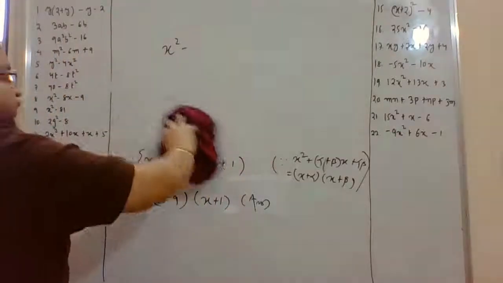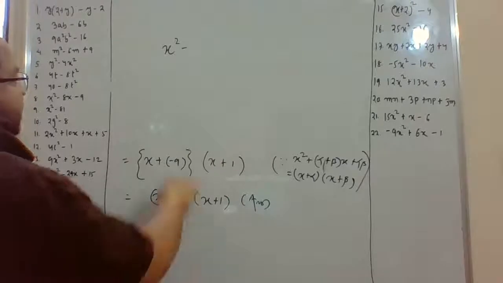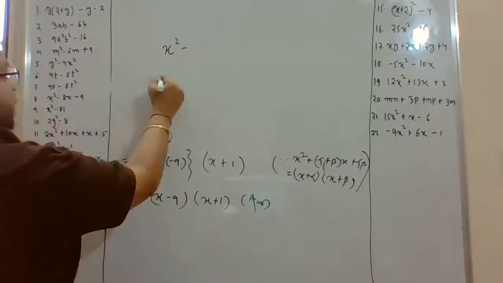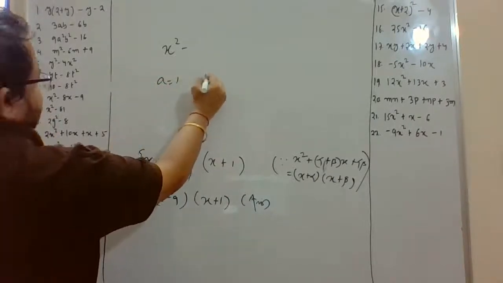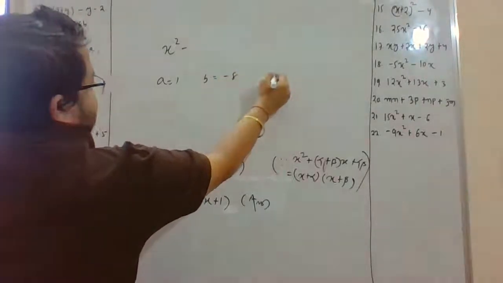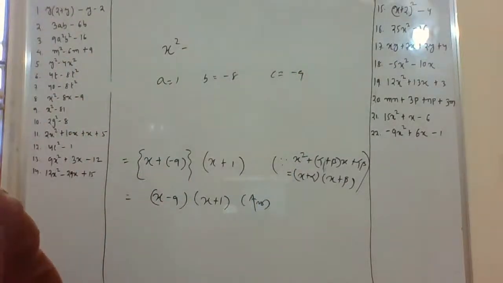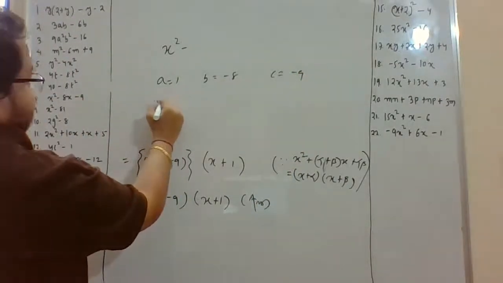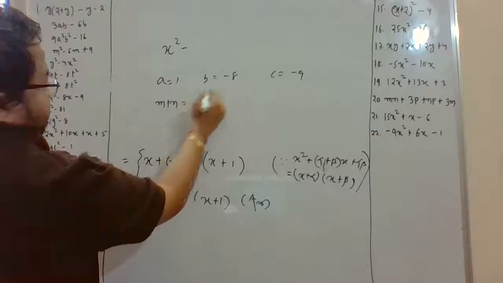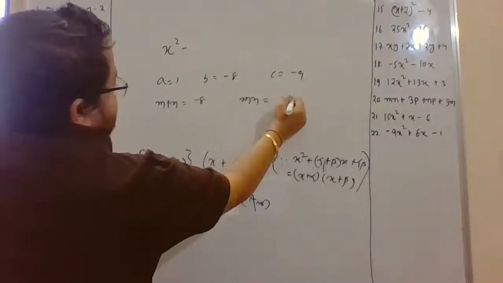And the same problem, if you want, you can use your direct factorization method, where you can take your a equals to 1, b was how much? -8, c was -9, right? So if you want, you could have treated this as m plus n equals to -8 and mn equals to -9.